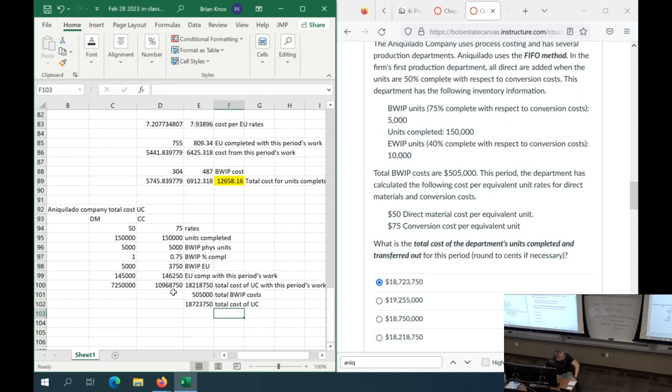Any part of that you want me to highlight or look at? C and D100. Oh, yes. Yeah, I'm just multiplying the equivalent units completed with this period's work times the rate for the respective costs. Finish that label. Completed. Yeah. Is that good? Okay.